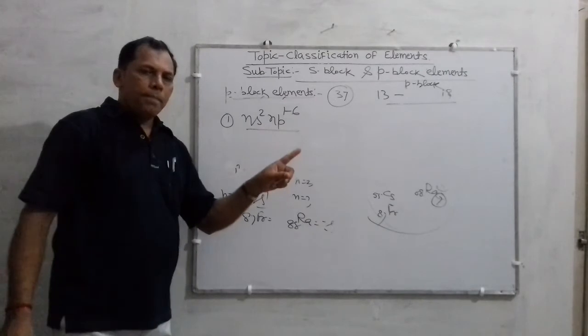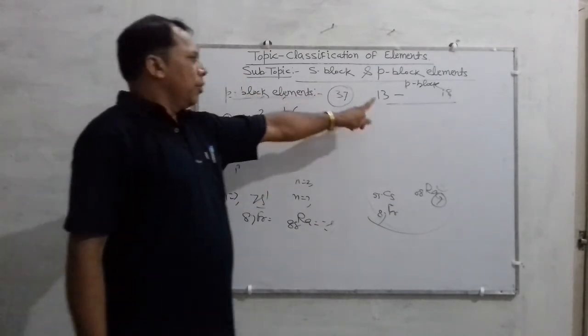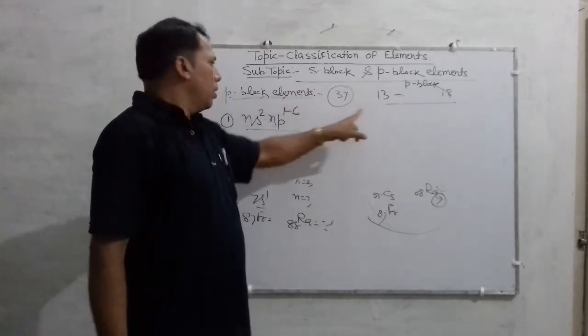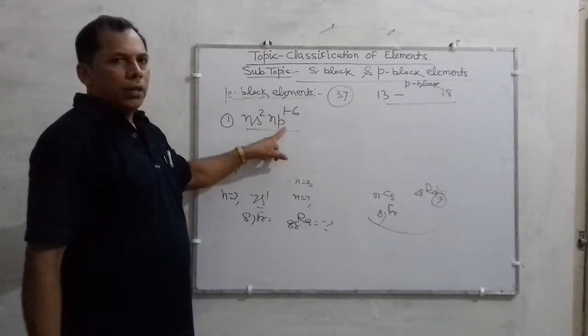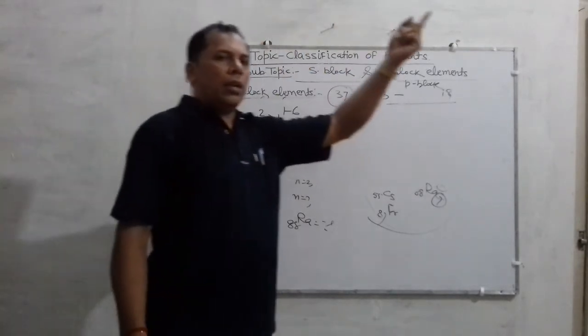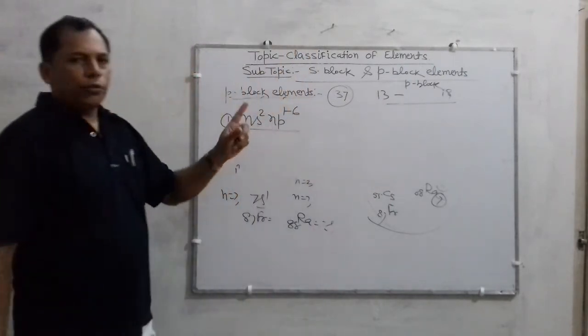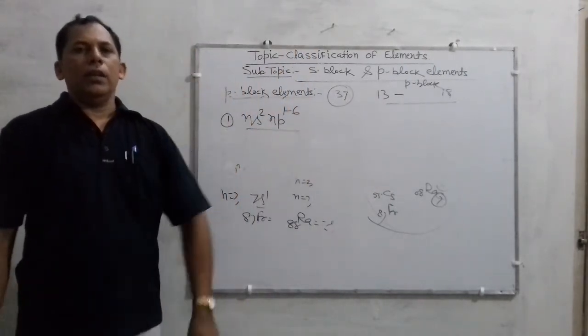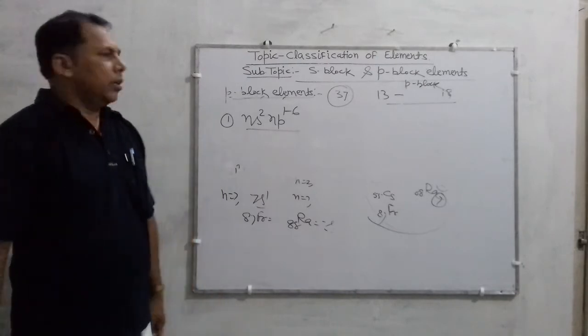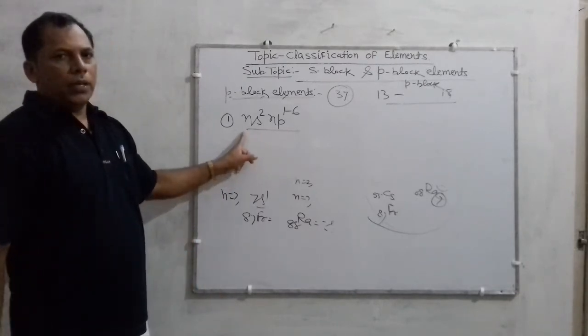Alright. If the element belongs to the 13th group, that will be np1. If electron enters in the 18th group, the electron will fill and show np6 configuration. This is the meaning of this very point.